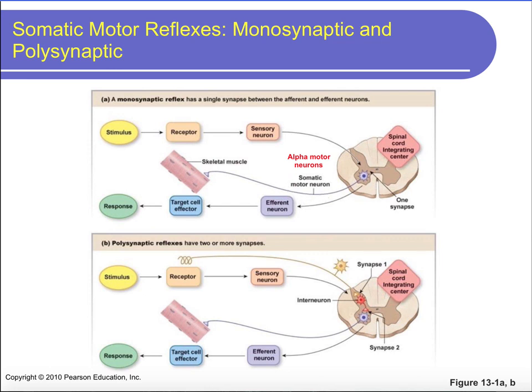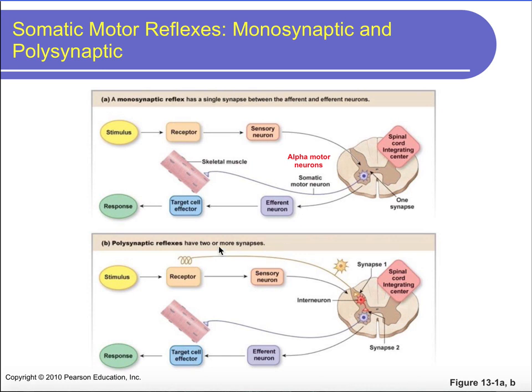We can also call this a spinal reflex because it's integrated in the spinal cord. The brain isn't involved. We could also call this a monosynaptic reflex because there's only one synapse between two neurons. So this is a monosynaptic somatic spinal reflex, or a spinal reflex. You can use all combinations essentially.